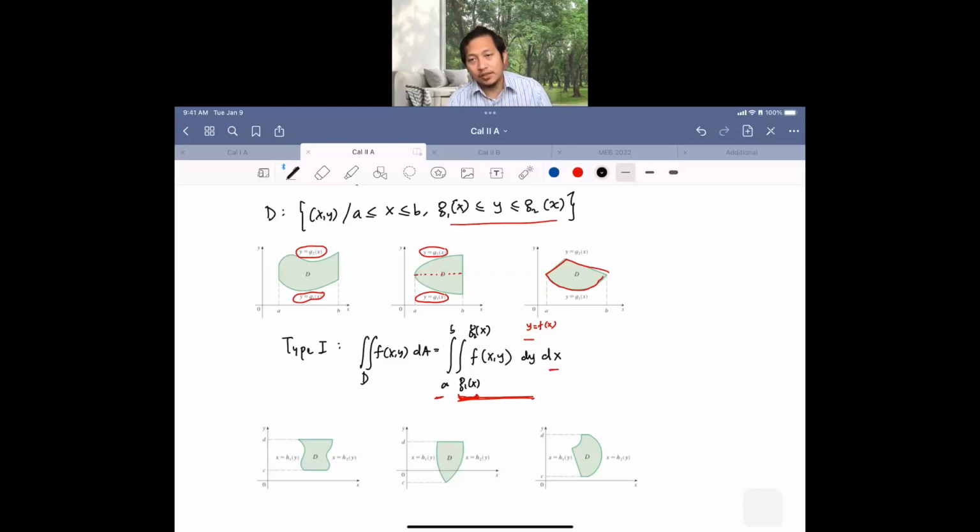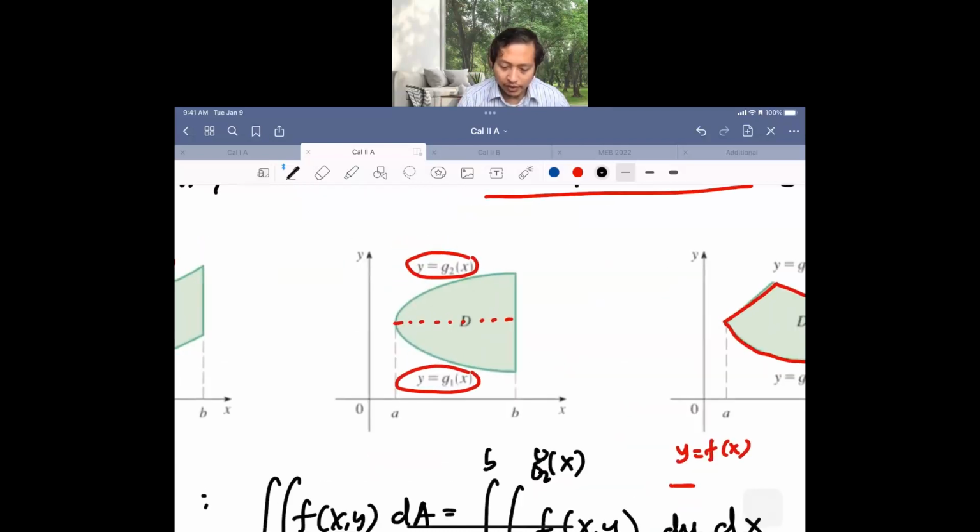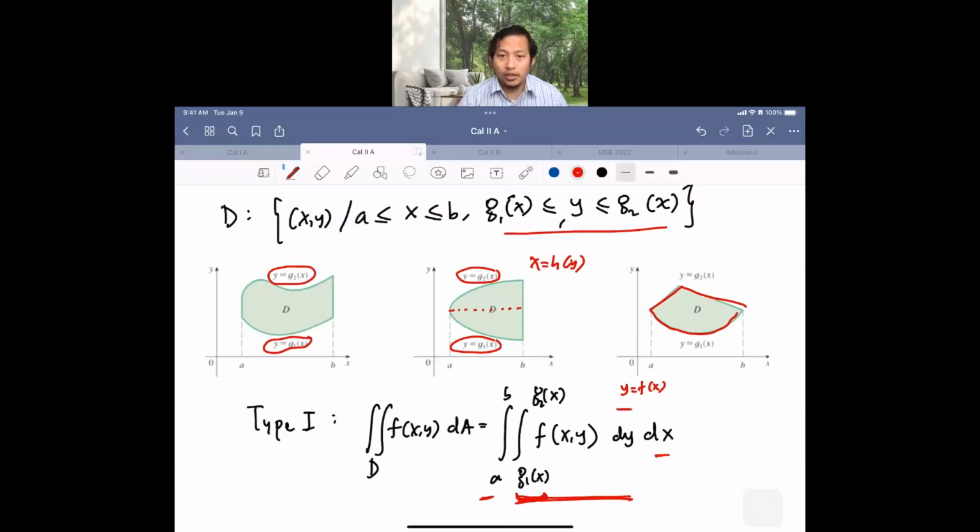Sometimes some D we can make into a function of y, or we can make it into a function of x. It depends. Like this case here, I think we can make it into a function of y, right? It's possible. It depends on what we can observe.